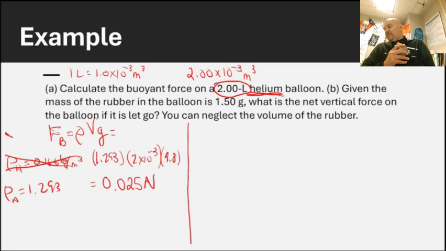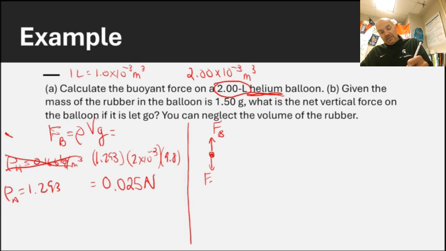Okay, now we're going to figure out the net force acting on it. What's going to happen here is that we're going to have various forces acting, right? So we need to figure out a couple things. One is we have the buoyant force, right? So what forces do we have acting? We have the buoyant force up, right?